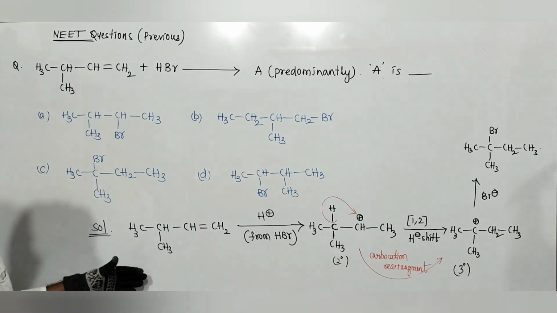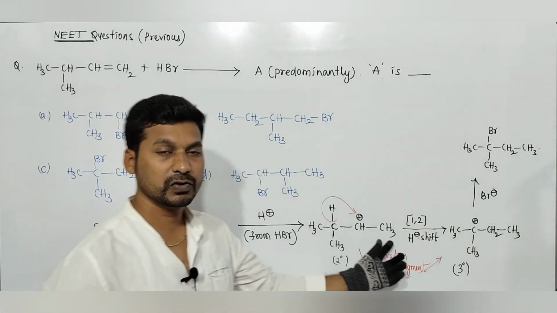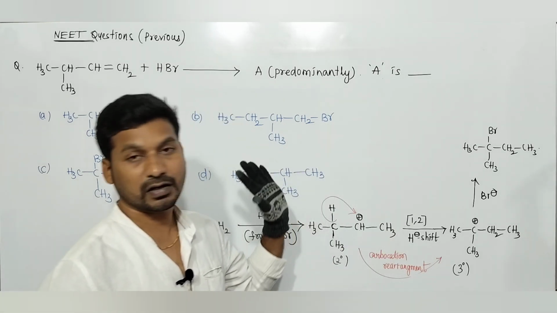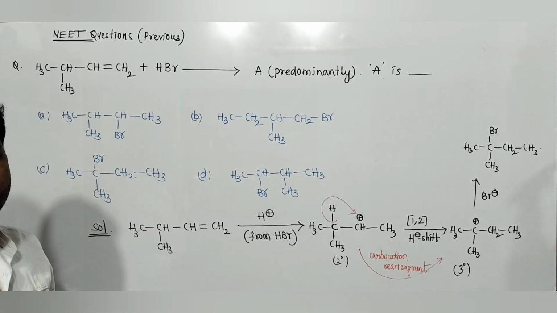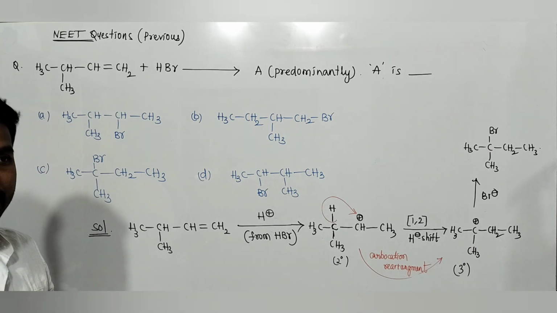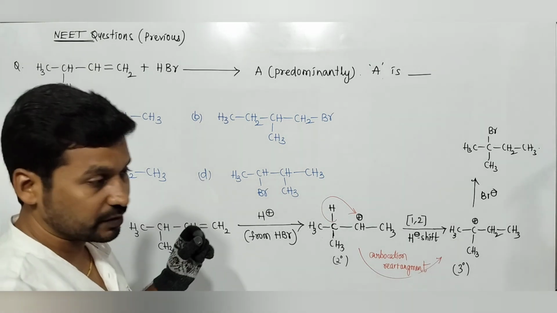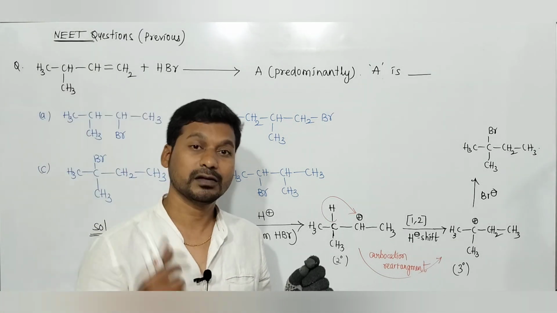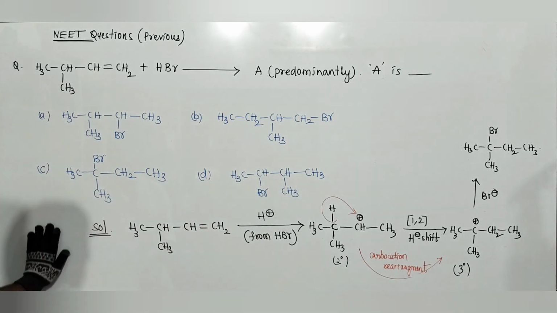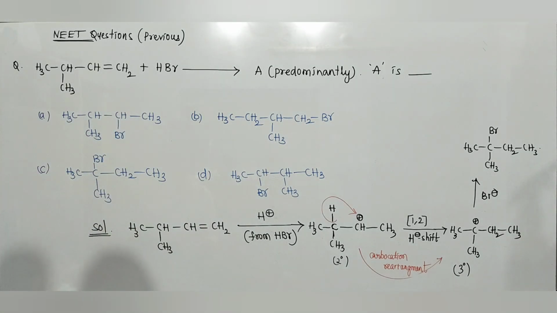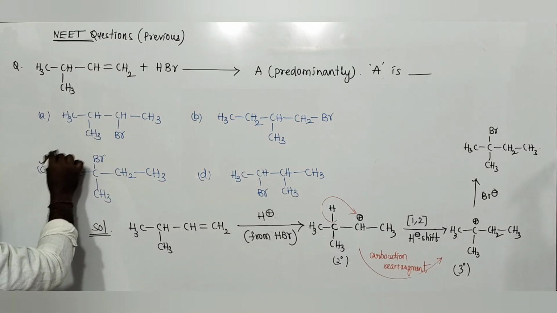If you don't know carbocation rearrangement, the 1,2 shift, you cannot answer correctly. That's why in my video I have explained carbocation rearrangement in the reaction mechanism topic, carbocations. Carbocation rearrangement is important. So which option is correct? Yes, this one is correct.